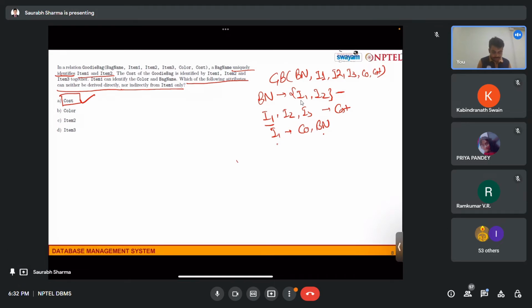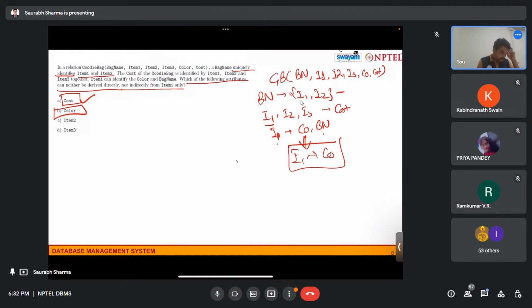So one thing, we got the cost. Let's check for the color. Is it able to derive color? For color, if we apply the decomposition we will get color from here. So color is not the answer, it can be derived from item 1.